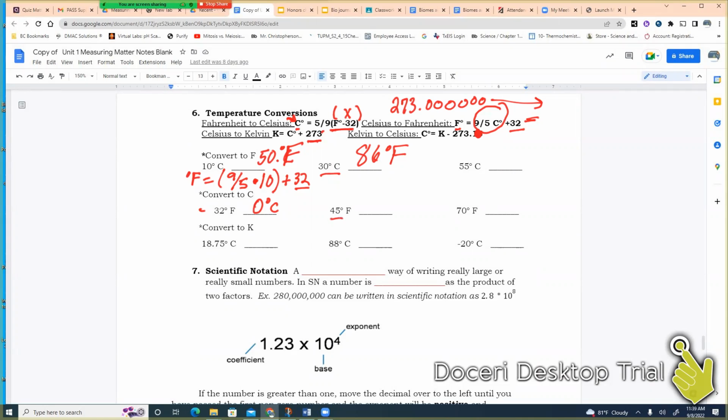All right, so let's try one that we actually have to do a little bit of work with. So my Fahrenheit, 5/9 times 45 minus 32. I need to do the parentheses part first, 45 minus 32.